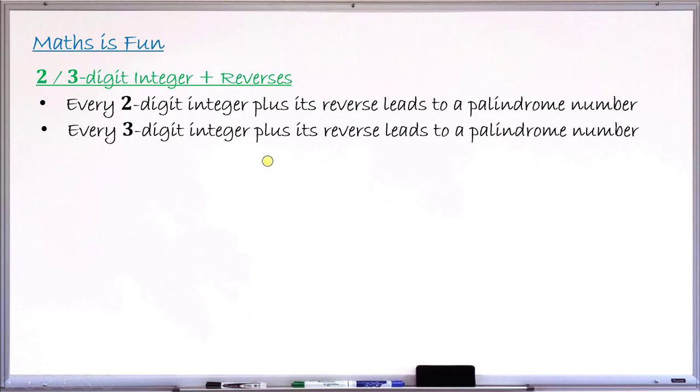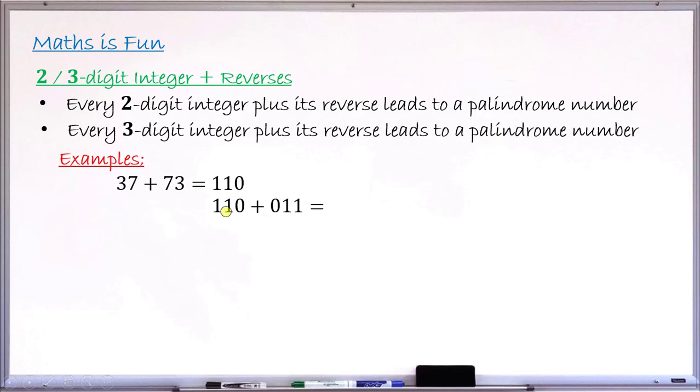So let's take examples. Starting with the very first number 37, add to it its reverse 73. If you add 37 and 73, you can see 37 is the reverse of 73. What you're going to have is 110. This is not a palindromic number. So what you now do, this 3-digit number 110, you also reverse it and add the two numbers.